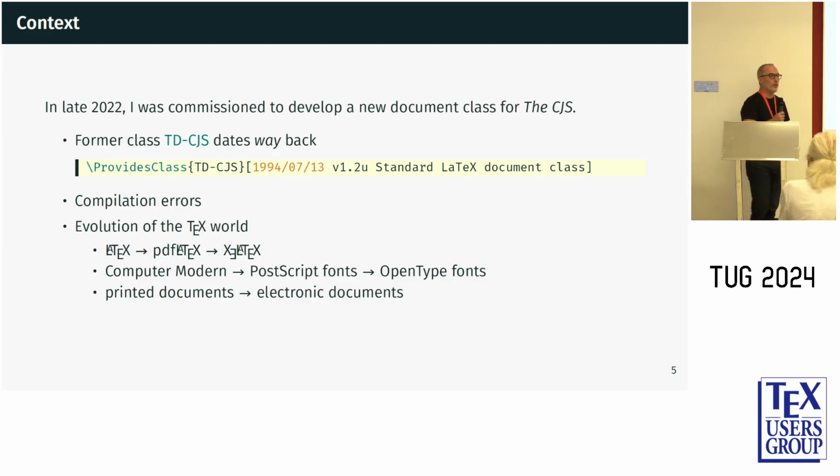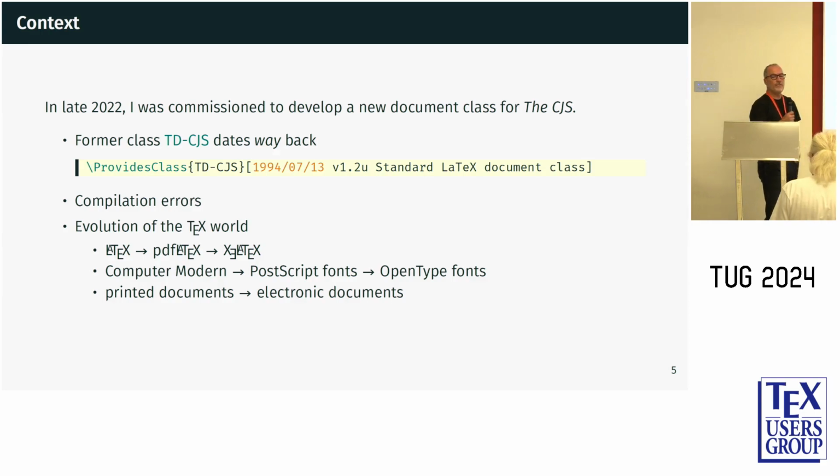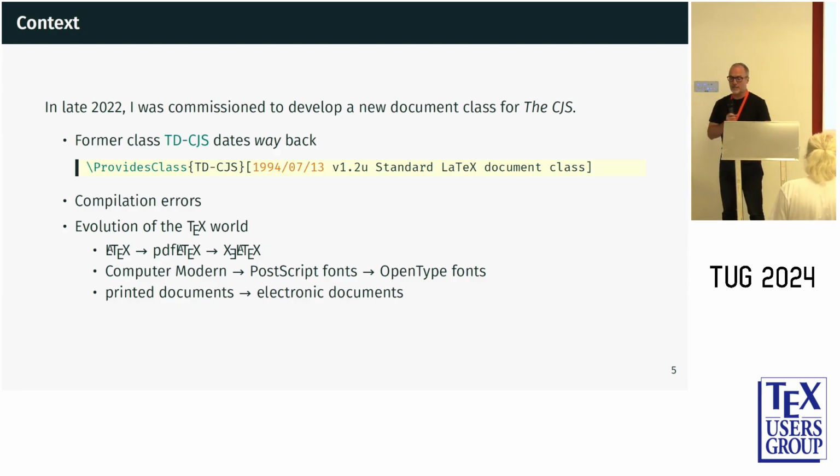And one other important aspect is that we moved from mostly printed documents to electronic documents, or digital documents if you prefer. This entails a lot of differences, if only the support for hyperlinks and colors. That's something that was not taken into account with the former class.